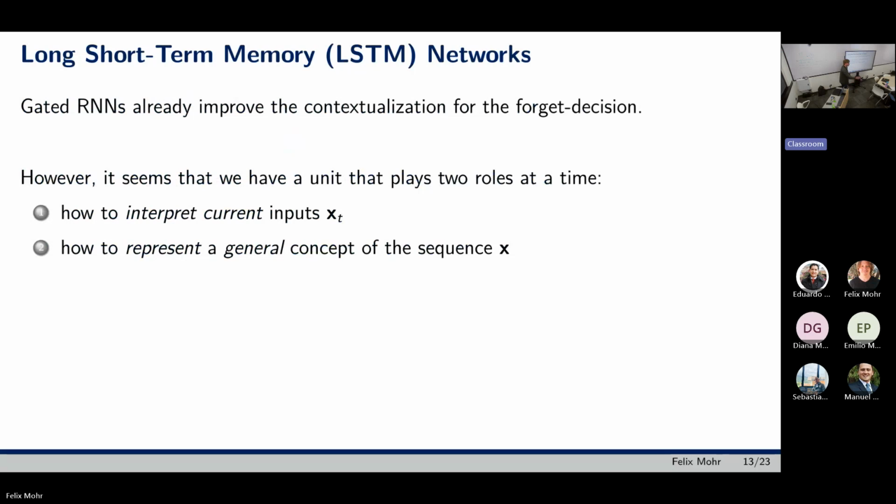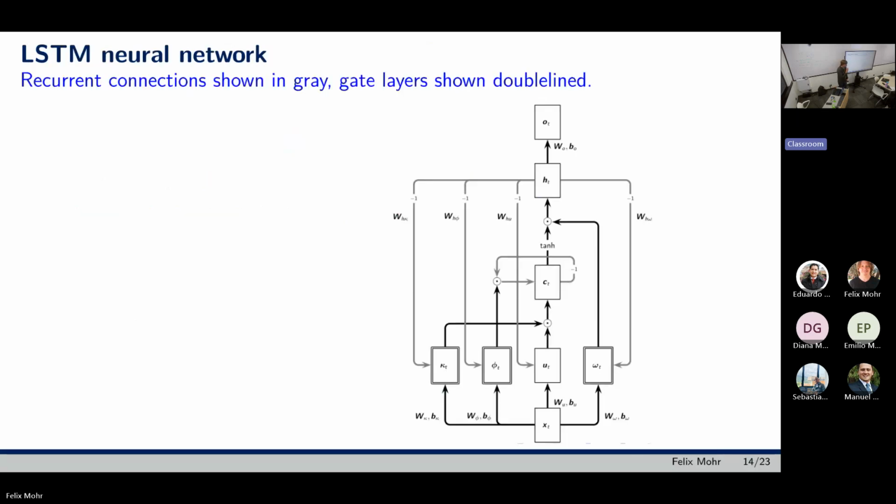And the fourth is to produce my outputs. So this seems to be a bit overloaded. If we only think about these two things, the input interpretation and the general concept, maybe we should separate the issues and not have only one hidden state. So the idea of LSTM is to have two hidden states.